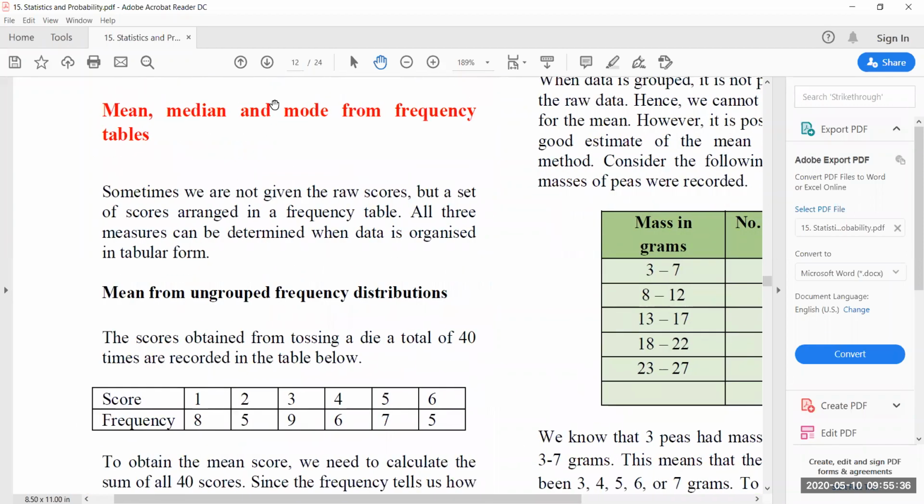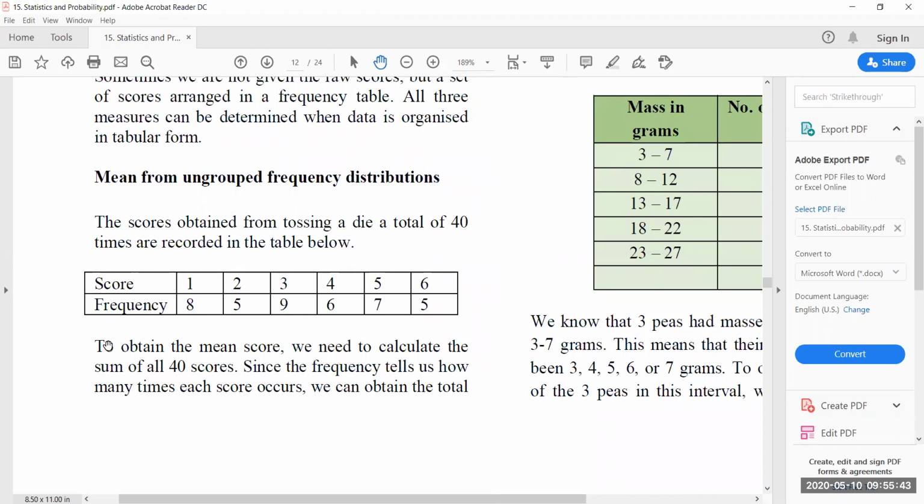Right, let's look at the median, the mean, and the mode from a frequency table.